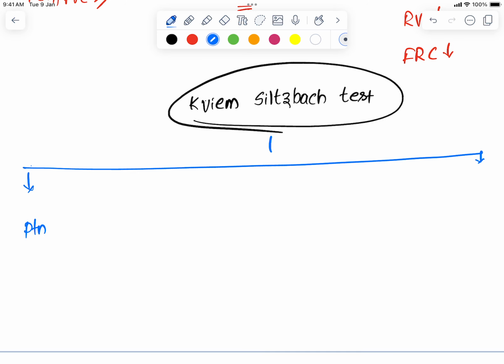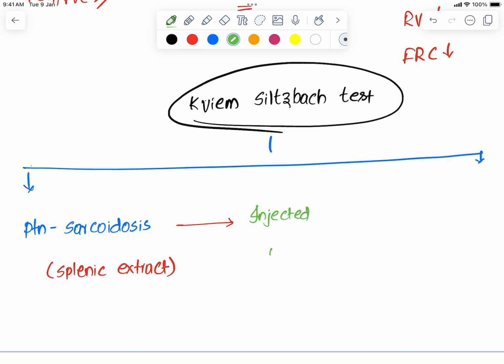So in a patient with sarcoidosis, you need to take the splenic extract, and this splenic extract has to be injected intradermally into the patient in whom you are suspecting sarcoidosis.